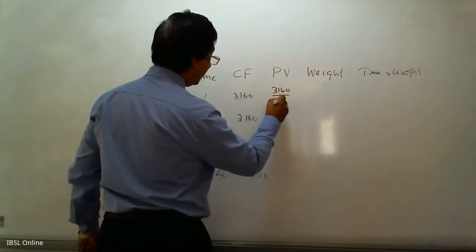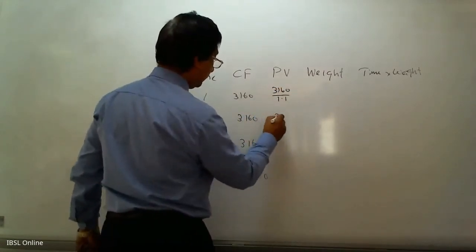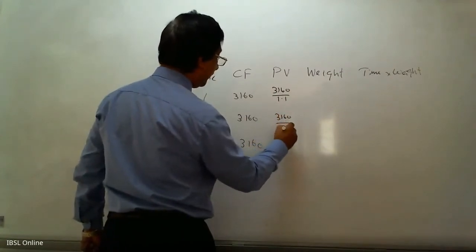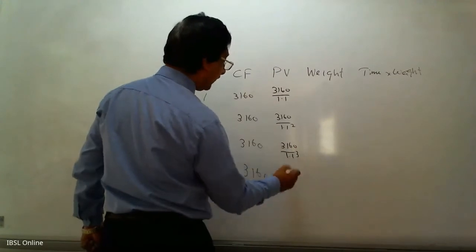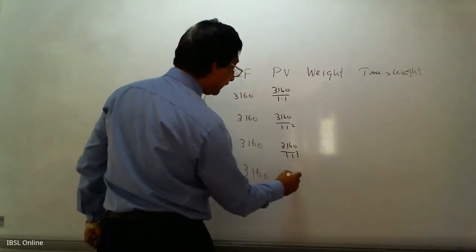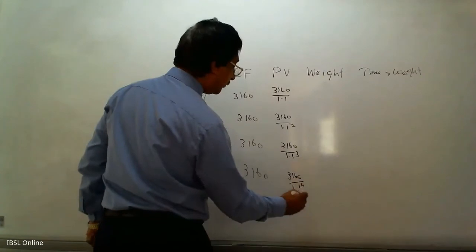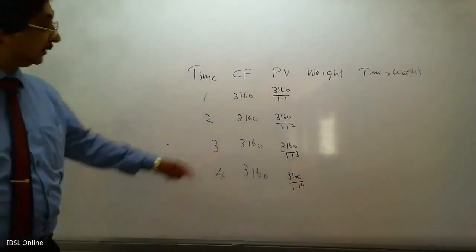3,160 divided by 1.1, 3,160 divided by 1.1 to the power 2, 3,160 divided by 1.1 to the power 3, 3,160 divided by 1.1 to the power 4. Now these are the present values.